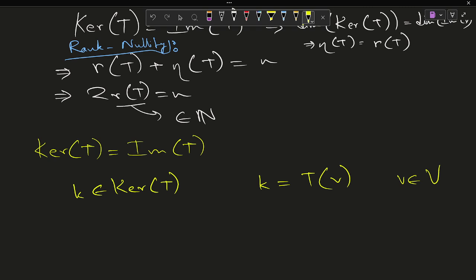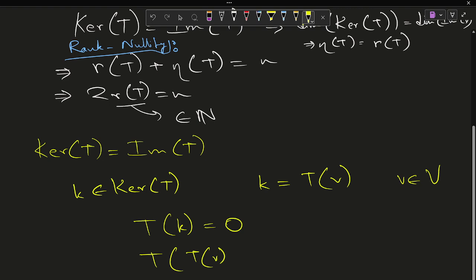As K belongs to the kernel of T, we can write that T of K will be 0. Now K is equal to Tv, and after using this, we will get this.